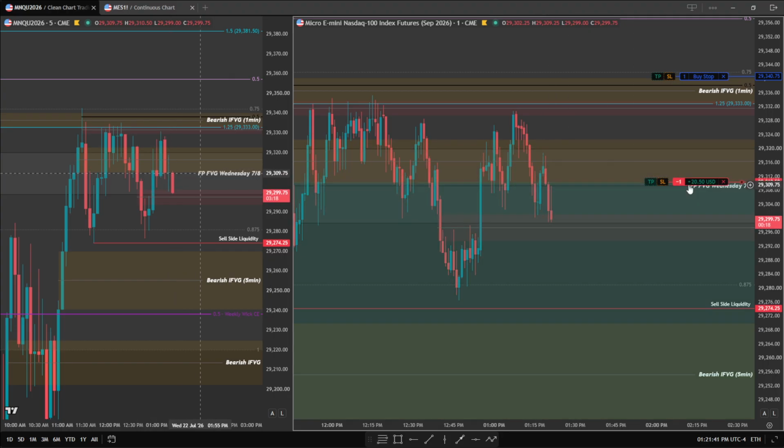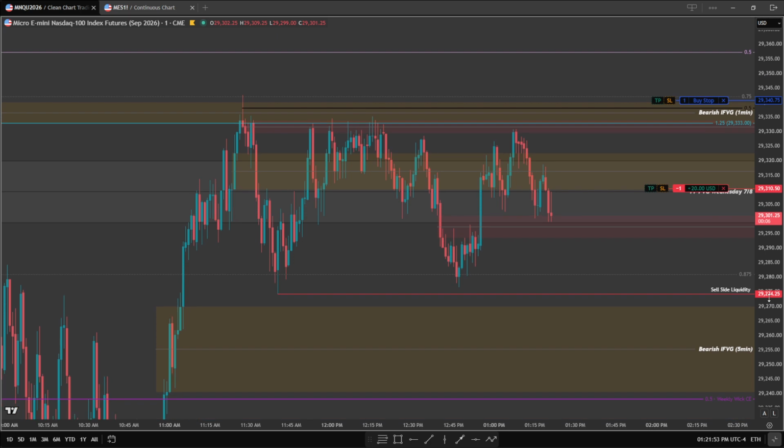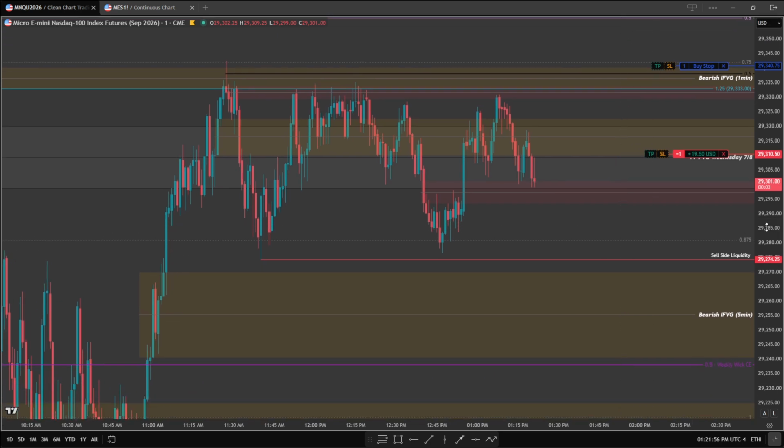Touch the consequent encroachment of this first presented from last Wednesday. Again, I don't want this to support price. I don't want it to behave as inversion. I want it to snap through it, behave as a reclaimed bearish inefficiency, and then support price going lower.